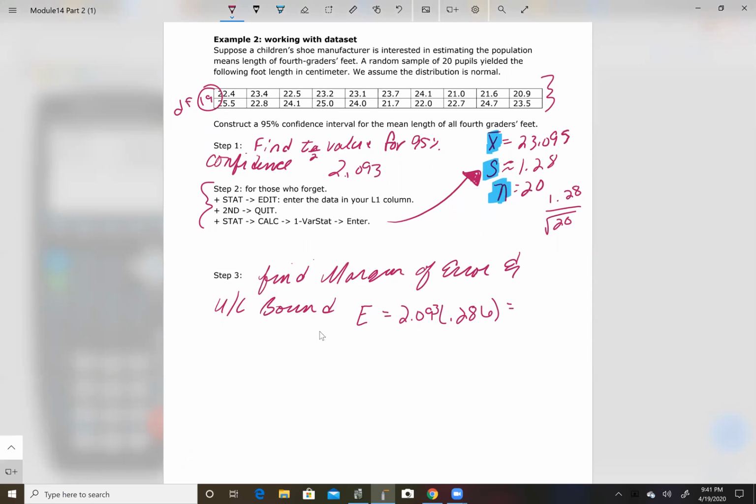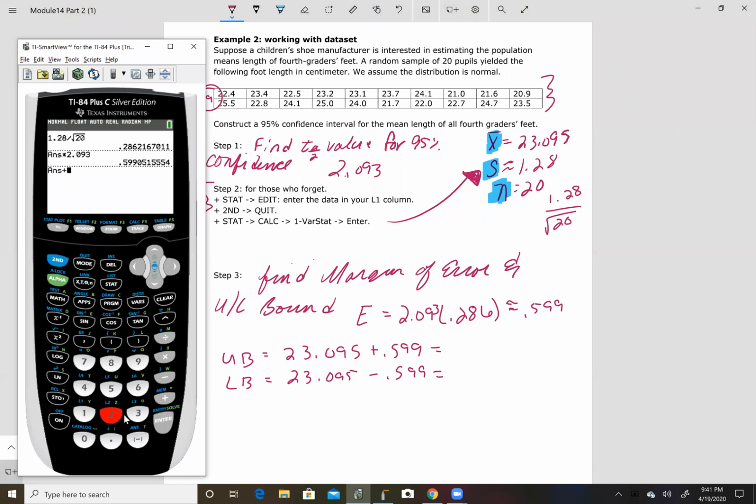So approximately my upper bound is going to be X bar 23.095 plus 0.599, and my lower bound is going to be X bar minus my margin of error for 95%. So let's see what that is.